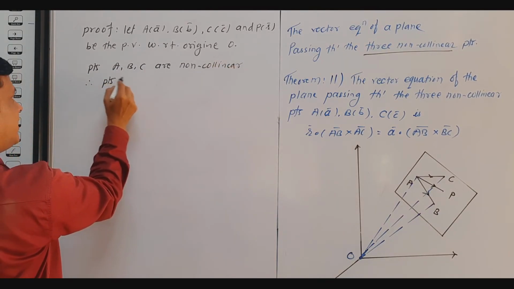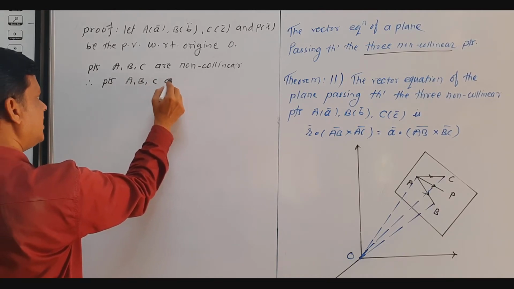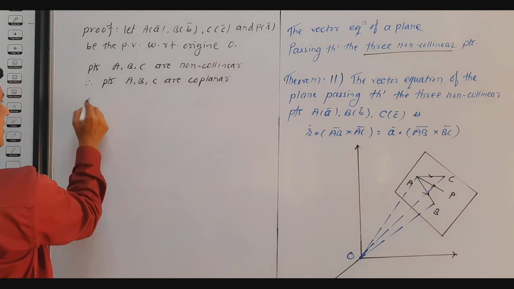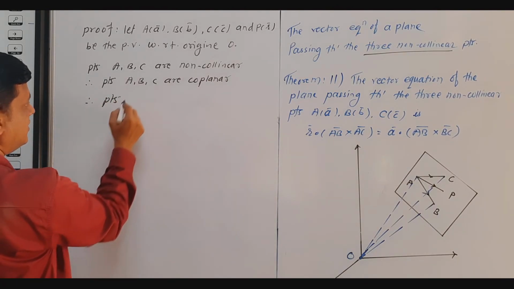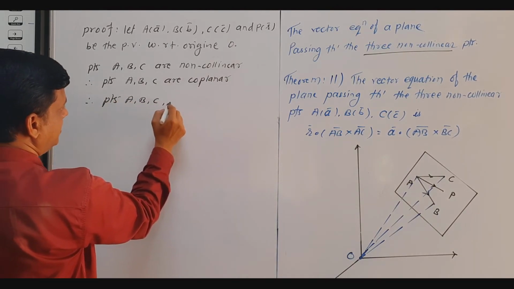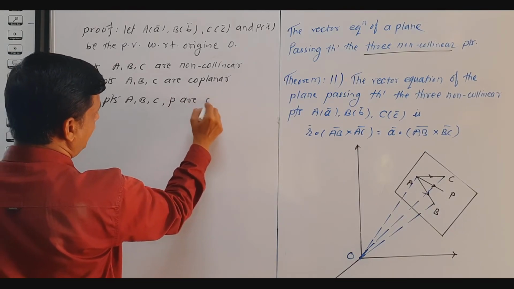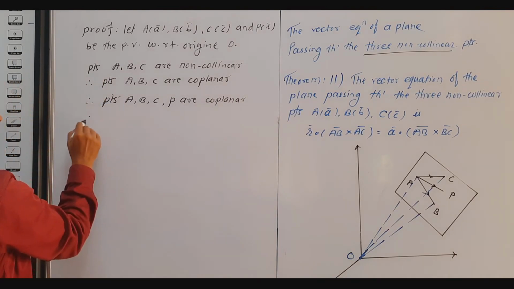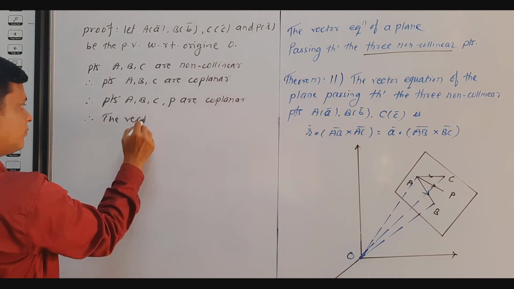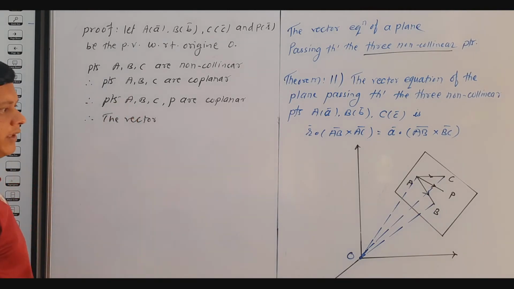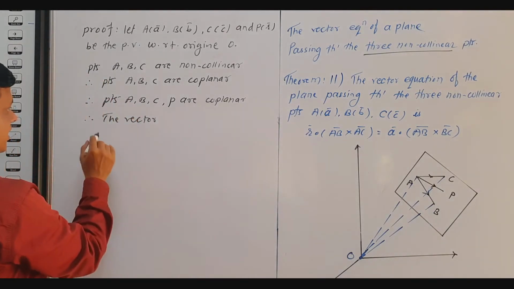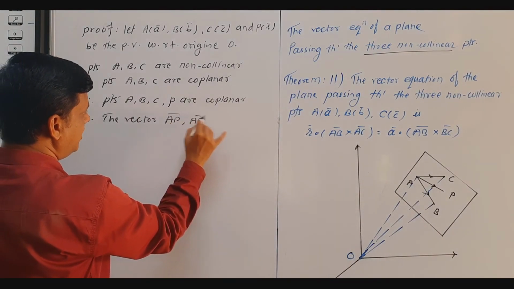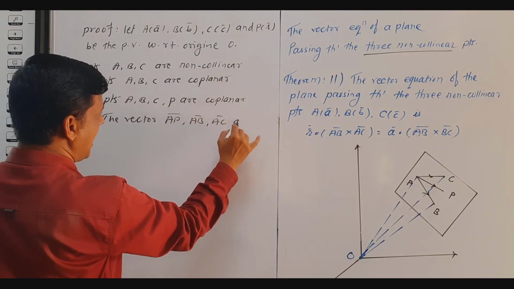Therefore, points A, B, C are coplanar. Therefore, points A, B, C, P are coplanar. Therefore, we consider one point fixed, so the vectors AP, AB, AC are coplanar.